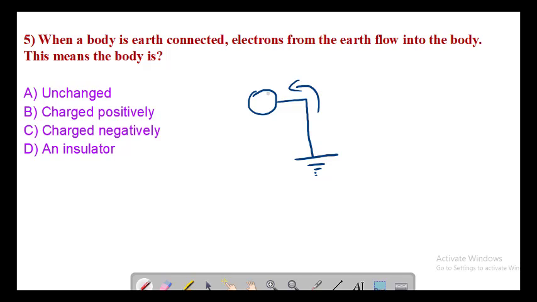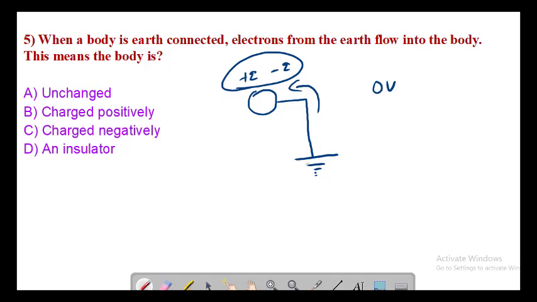Now see, whenever we connect any body to earth, if we take the potential of earth as 0 volt, the body, when connected to ground, gives out its excess charge to the earth. But here electrons are flowing into the body. If we assume it has plus q charge, then earth will contribute minus q charge, so that this becomes 0.